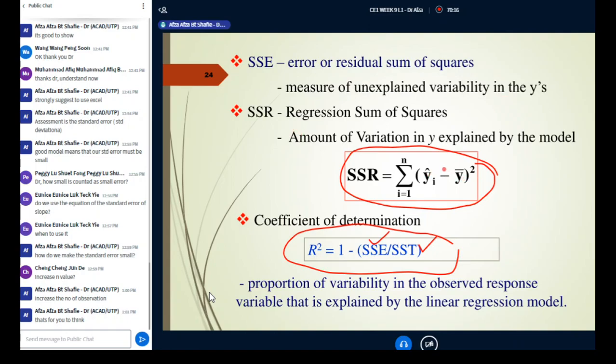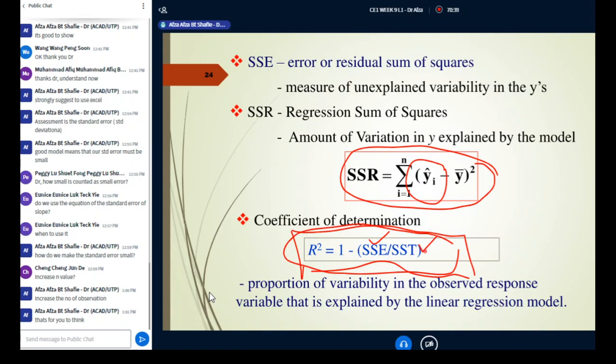That means how much the variation of the predicted value deviates from the mean of the overall Y value. So we want to determine the R squared based on the formula of 1 minus SSE over SST.